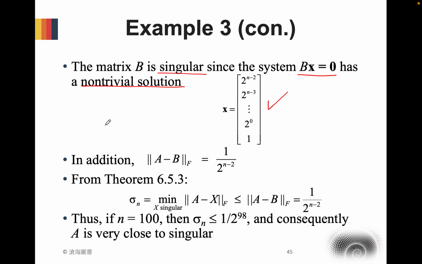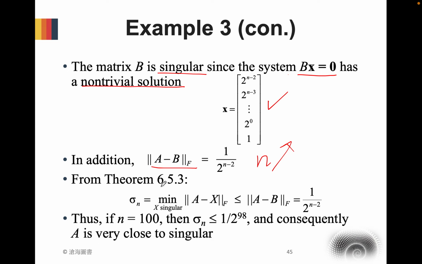But matrix A and B are very similar. The Frobenius norm between them is just 1 divided by 2 raised to the power n minus 2. The distance between them is very small because n is very large. Okay.